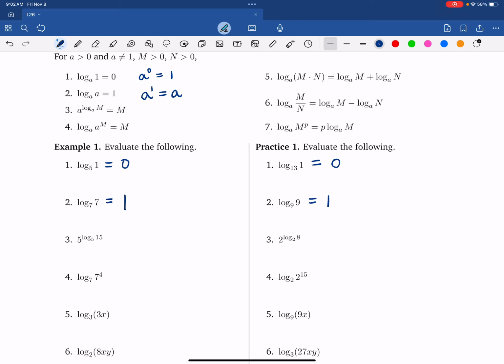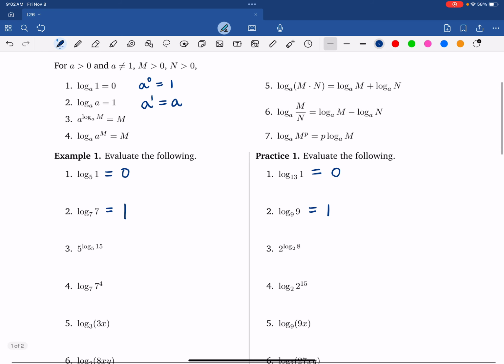So this one, we have exponents and we have logarithm in one expression. And from the previous handout, we should know that exponential and logarithmic, they are inverse operations if they have the same base. So in this case, we have, as you can see, exponents of 5, and we also have log base 5. So they have the same base.